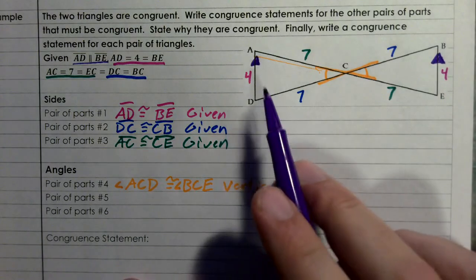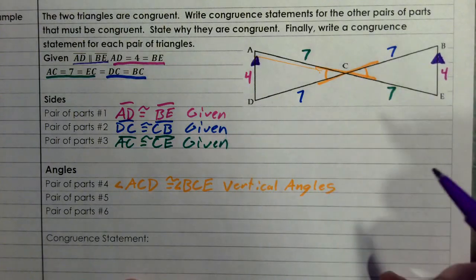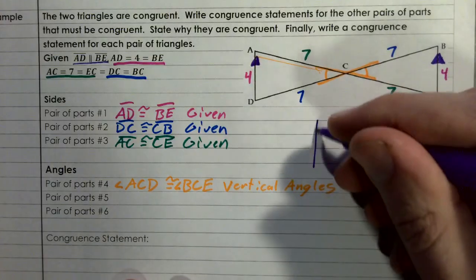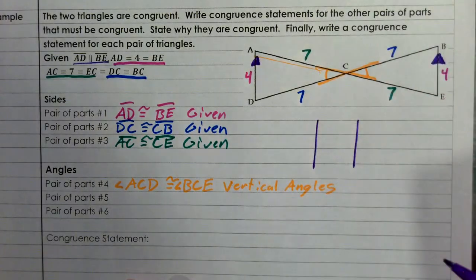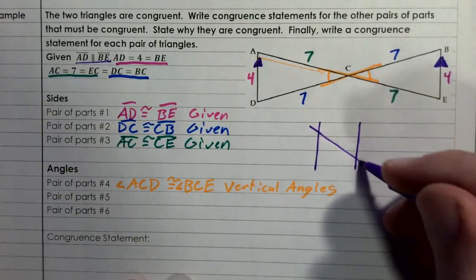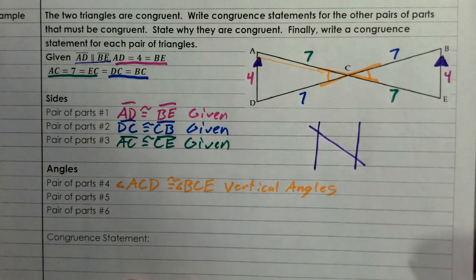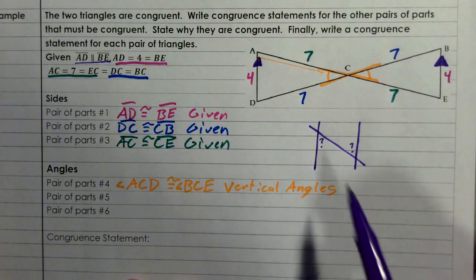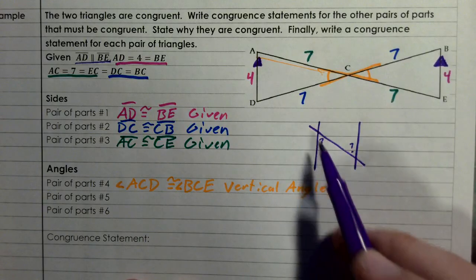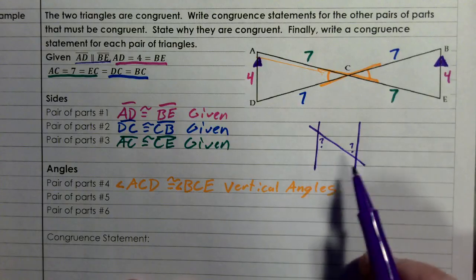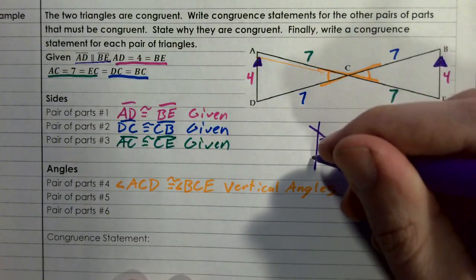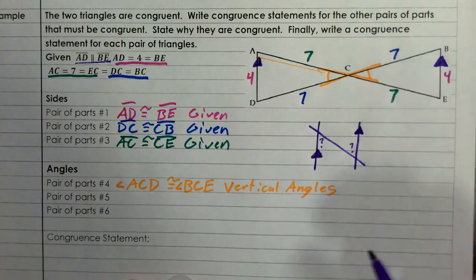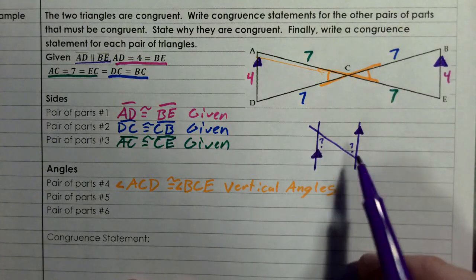Now the next part, I've got these parallel lines, and I should use those parallel lines for something. One thing I'm thinking about is I remember that if you draw 2 parallel lines and then draw a line through it like that, these two were congruent. These two on alternate sides of this transversal that are inside of 2 parallel lines were always congruent. So these two have to be congruent.